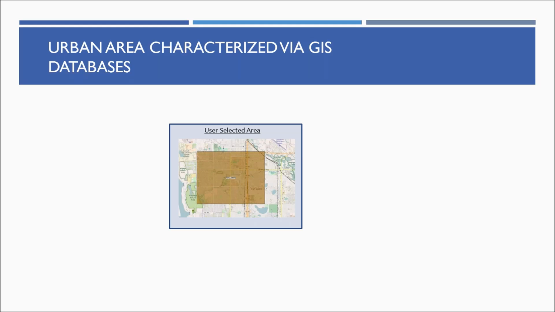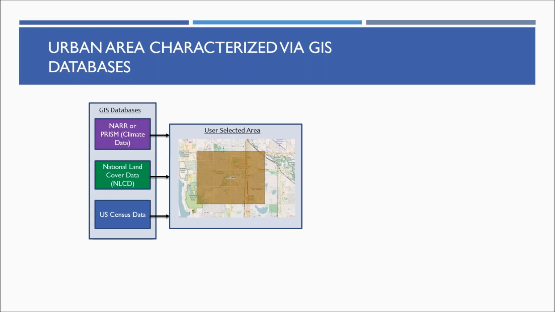This shows a user-selected area, and then there are GIS-linked databases from NARR and PRISM, for example, for climate data, the National Land Cover Database, or NLCD, for land use types, and then U.S. Census data is used for population and numbers of households.